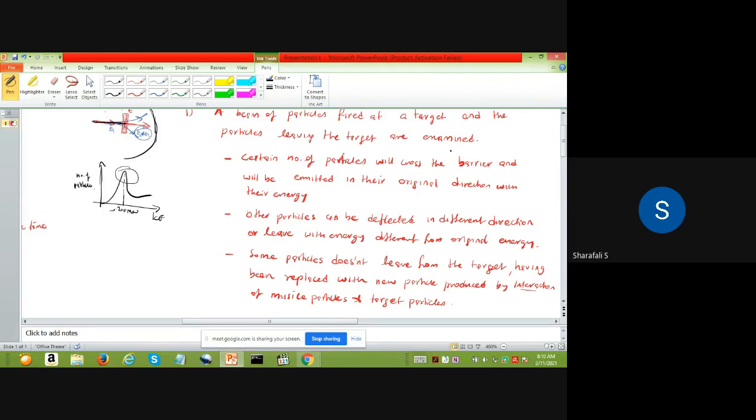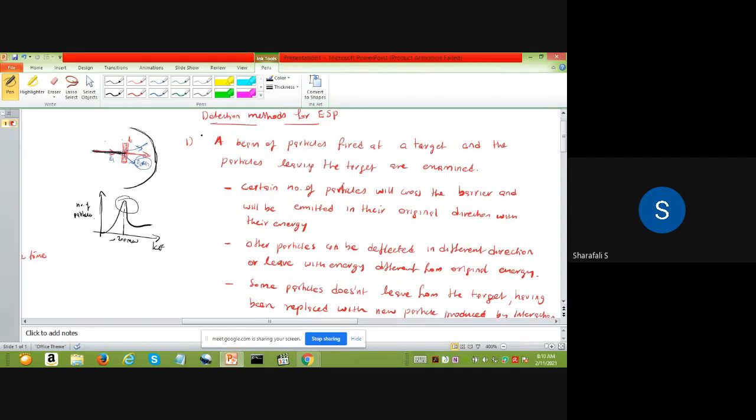Okay, so this is what Enrico Fermi also did. This first method of detection. This is the same procedure that he followed. When he fired those pions, pi plus particles, at that proton target, he used some detector to detect the products, and it was found that when the energy of those pions was at 200 mega electron volt, the detector showed very few pions, which means that more pions are interacting with the proton and are not coming to the detector.